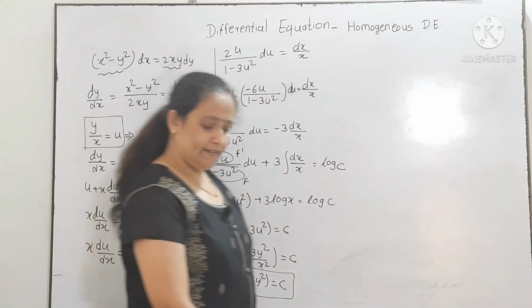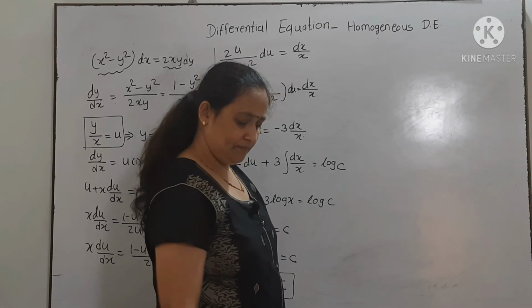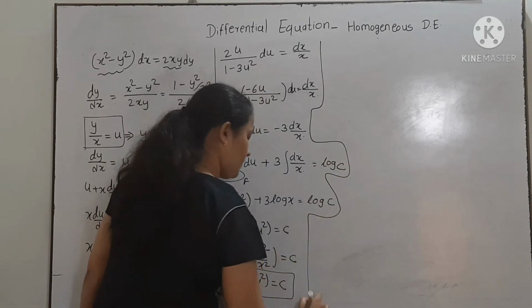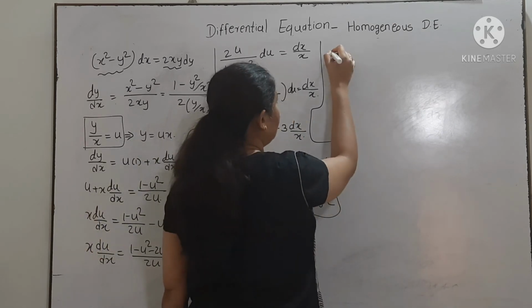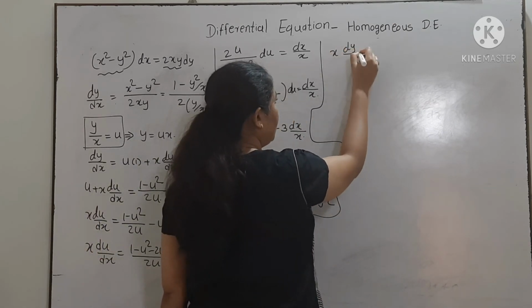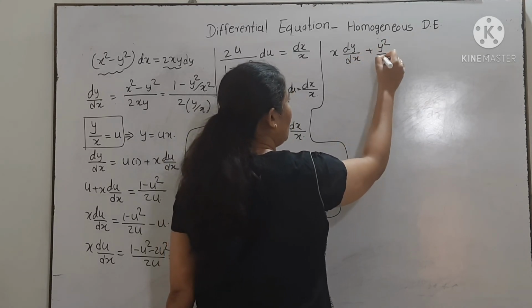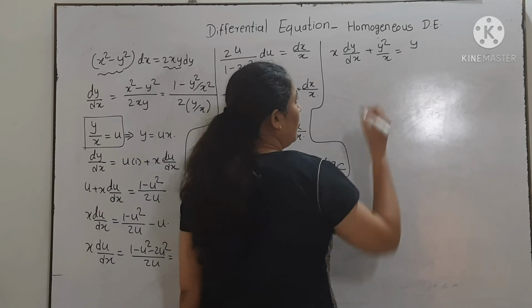We'll take one more example. Say x into dy by dx plus y square upon x equal to y.